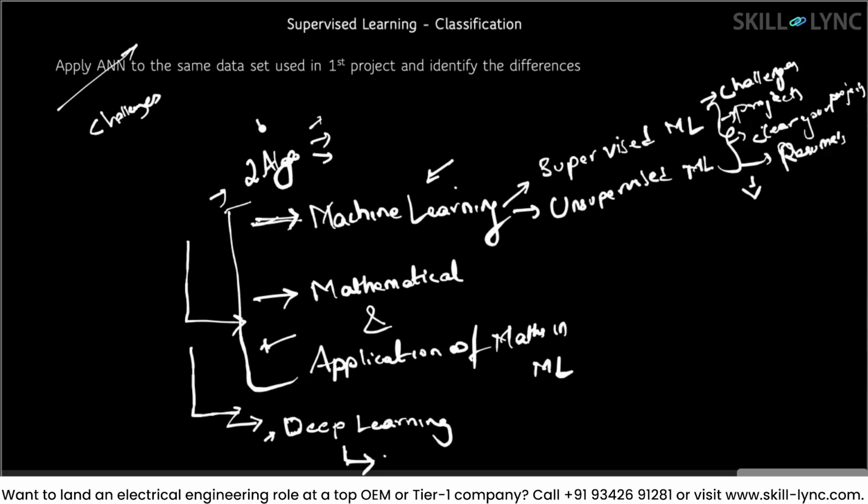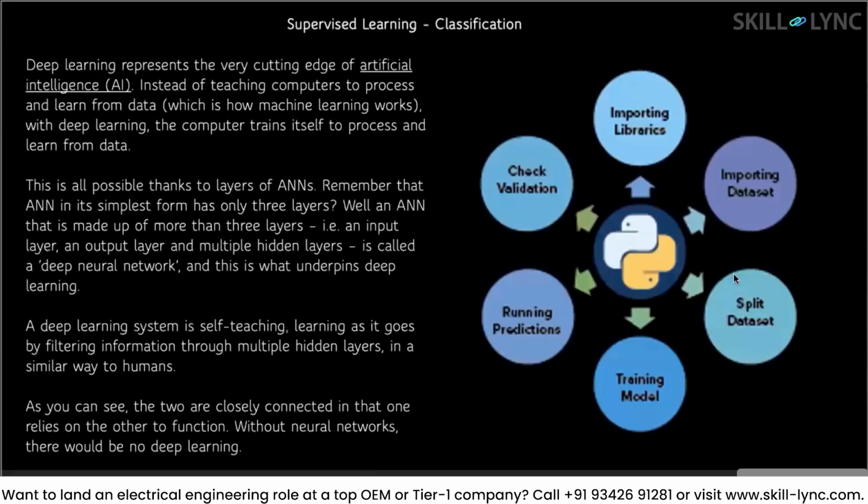That way, you will be able to tackle interviews very easily. Whenever you go for an interview, make sure you're very strong in at least two algorithms. Again, for any project you are working on, always follow these points, because these are the important points which I always explain to all my students.